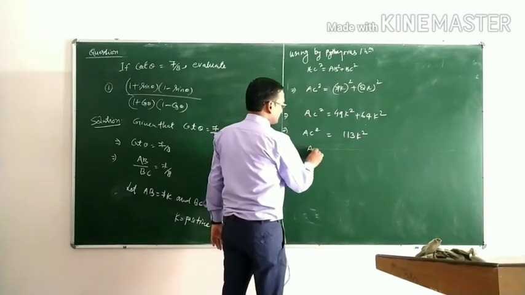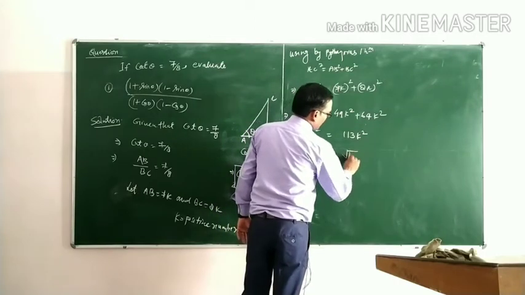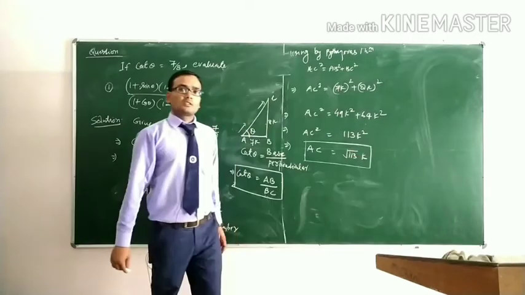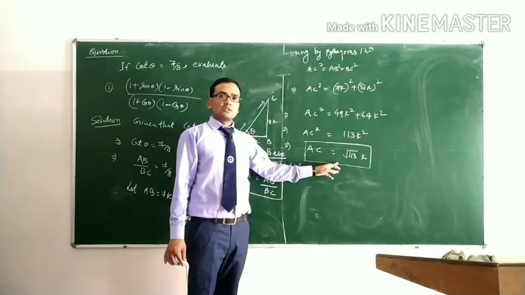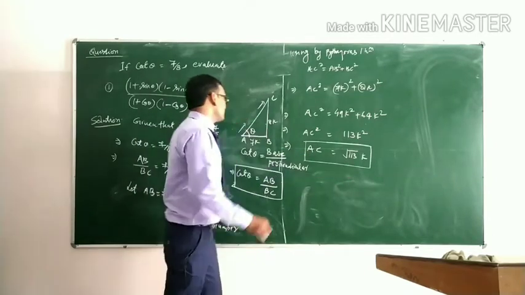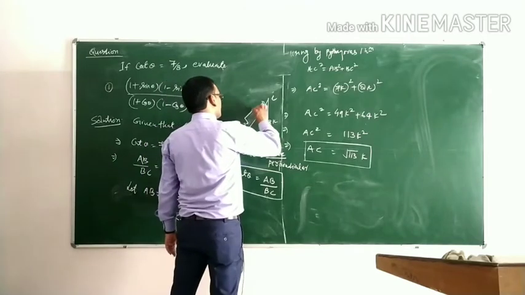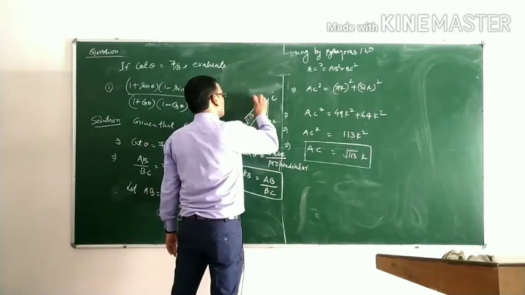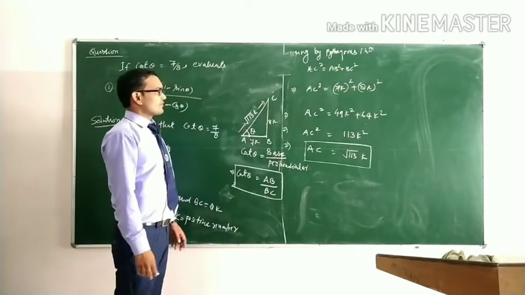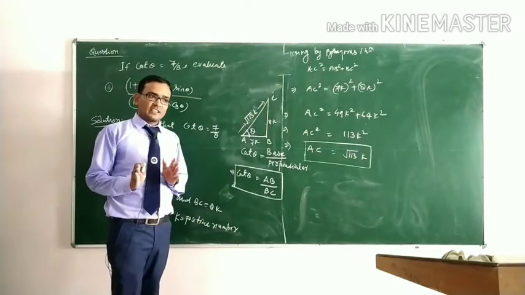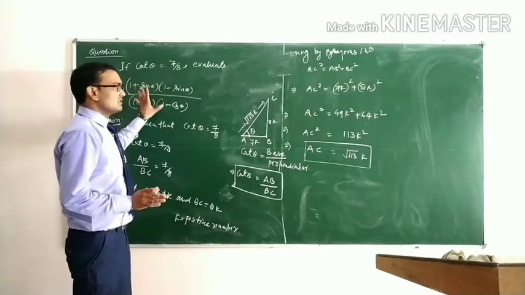This implies that AC equals square root 113 K. Now we find the value of sin theta and cos theta and put them in.